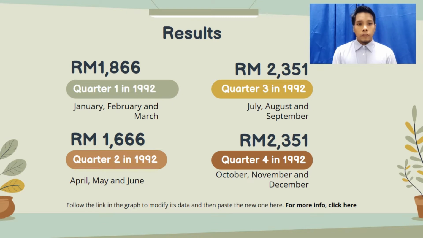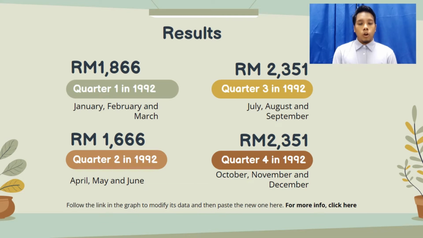Finally, during the fourth quarter of 1992, we continue from October, November and December with total sale of 2,351 ringgit. The sales statistics then continue until the year 2005. From existing sale volume, we can estimate the sale volume in the following quarter of the year.